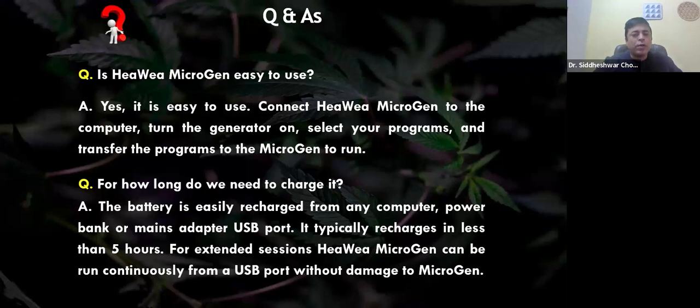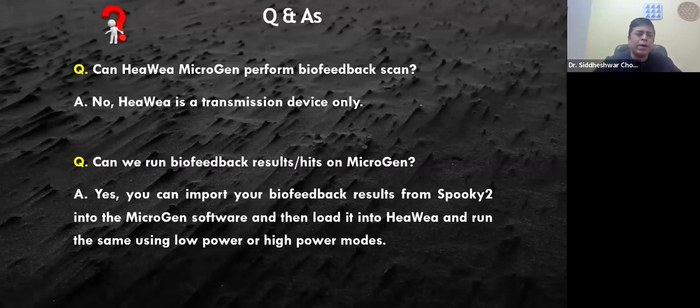So if you want to run for a longer time and you are confused because the power does not last longer or something like that, you can straight away connect it with the USB cable, and please understand, you can also use your Type C power cable for the MicroGen HeaWea. So nowadays everyone has a Type C cable at their homes, right? So it is easier to operate HeaWea.